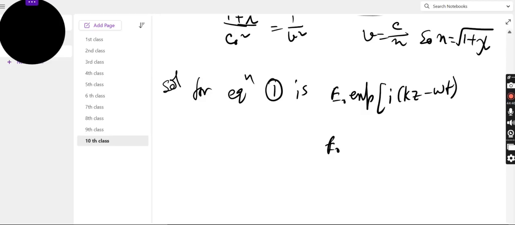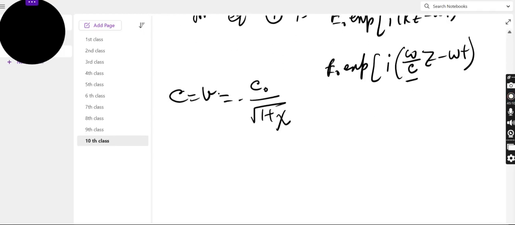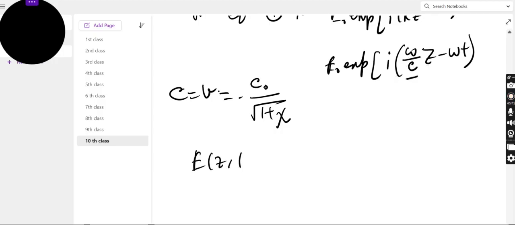So that became, because kz is omega by c z minus omega t, c is actually v. v is basically c naught by n, we should say c naught by root of 1 plus chi. If we put this value here for c, we'll get this equation.